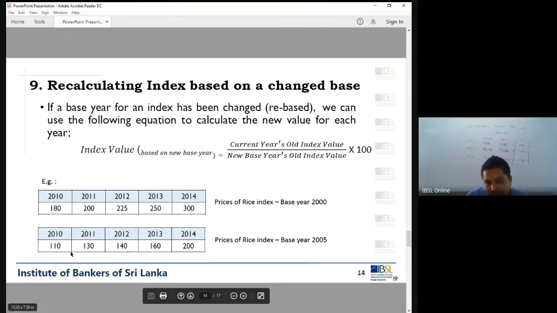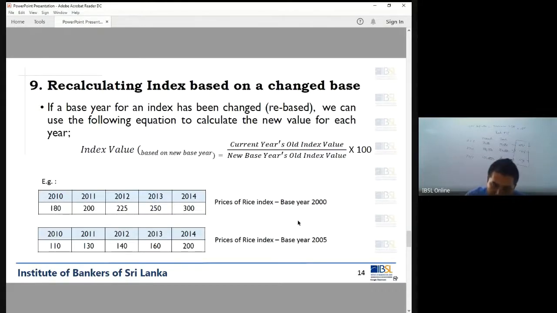Now under the second table, we have changed the previous base of year 2000. We have changed the base year to year 2005. Don't worry that we don't have the 2000 point or the 2005 point; I'm just trying to show you the different numbers that you are going to get. When you change the base year from one point to the next, your base, the 100, has changed.